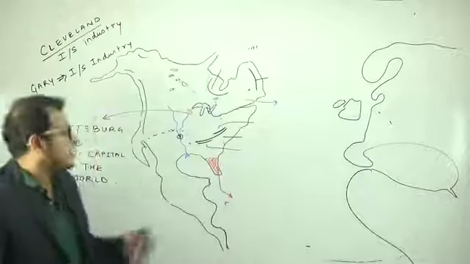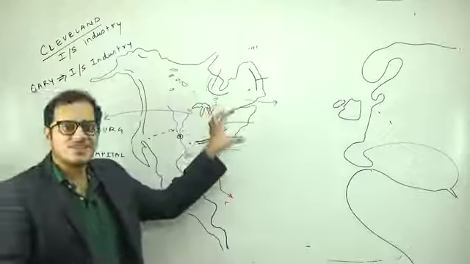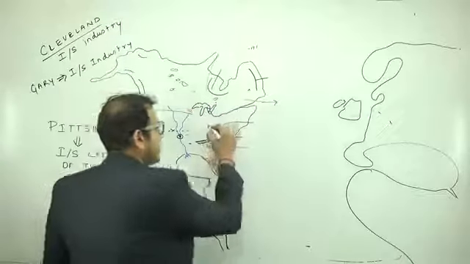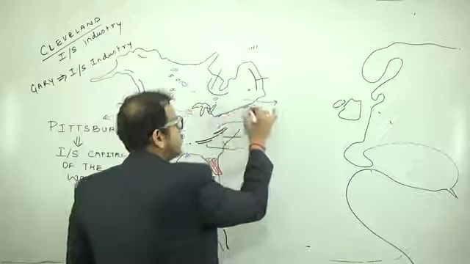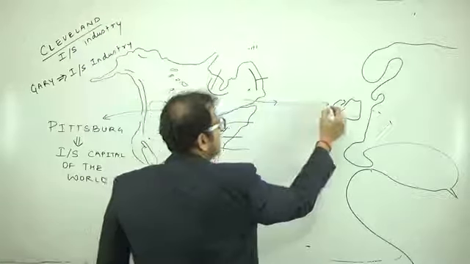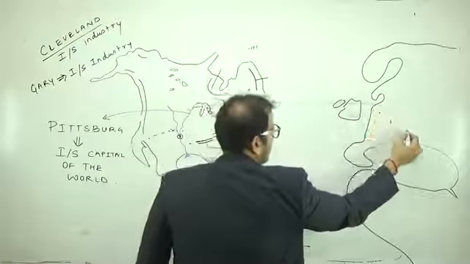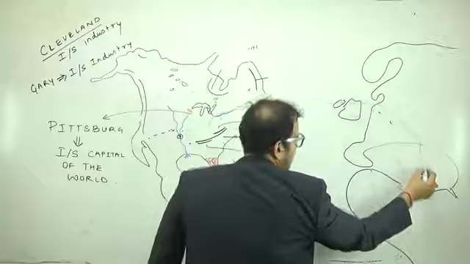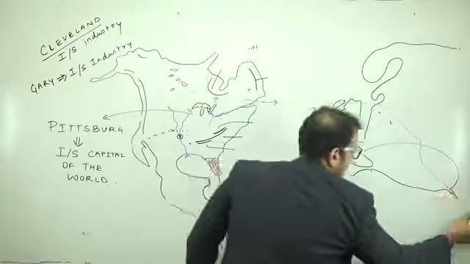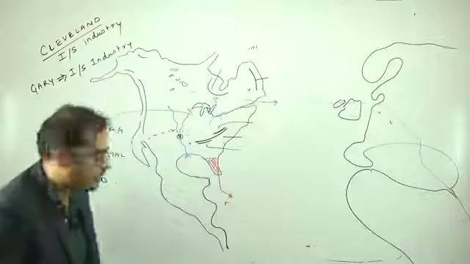So remember, the most tech industries are located here. From here they take the St. Lawrence River, go to the Gulf of St. Lawrence, then through Rotterdam, then through the river Rhine, the Mediterranean Sea, then through the Suez Canal and to Asia and to other parts of the world.